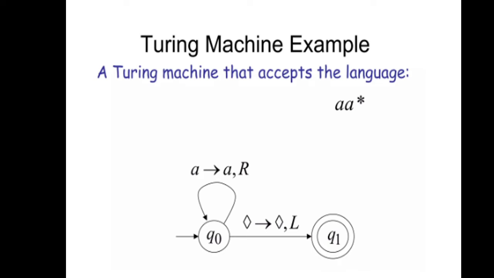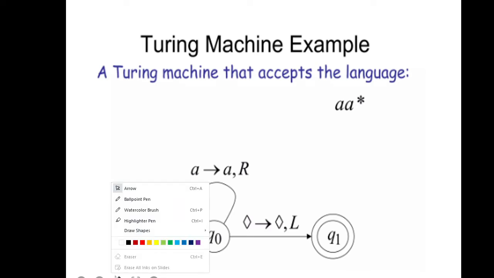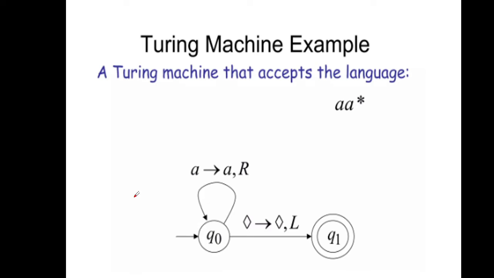The self loop can take many number of A's. So many number of A's can be accepted by Q naught here. The current state is Q naught and when it takes the input A again it stays in Q naught itself.